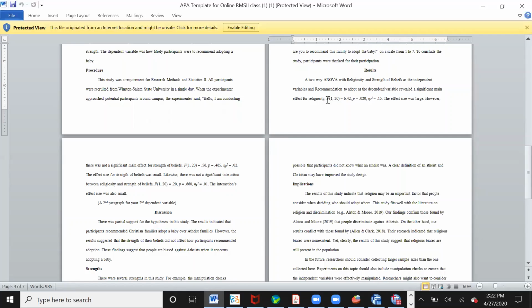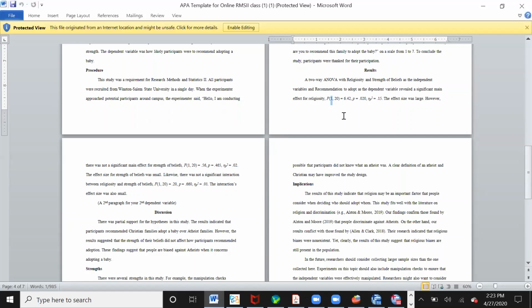And then you're going to need to report each main effect. So this is my first main effect. If you want, you can just copy and paste this part only, just for formatting. Your degrees of freedom are going to be your degrees of freedom for that main effect.